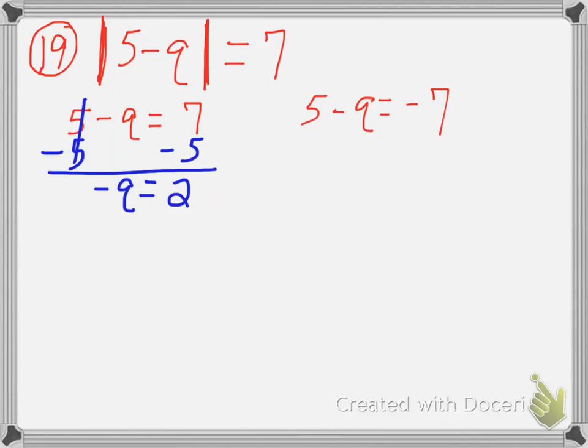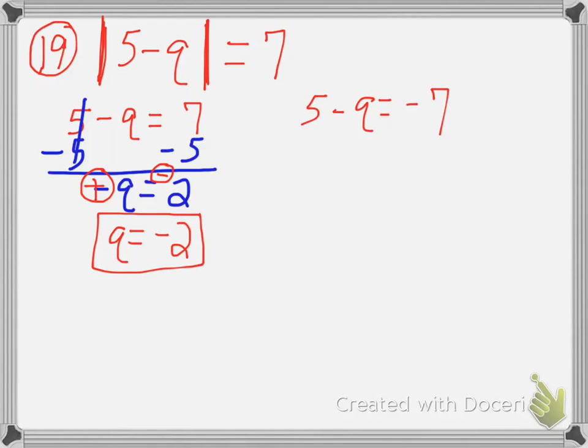I can change this negative to a positive as long as I change the sign on the other side. Make that a negative. So now that changes us to a positive q, and over here makes that a negative 2 because I did the same to both sides. I changed this sign on the left. You can do that as long as I change the sign on the right. That gives us q equals negative 2.